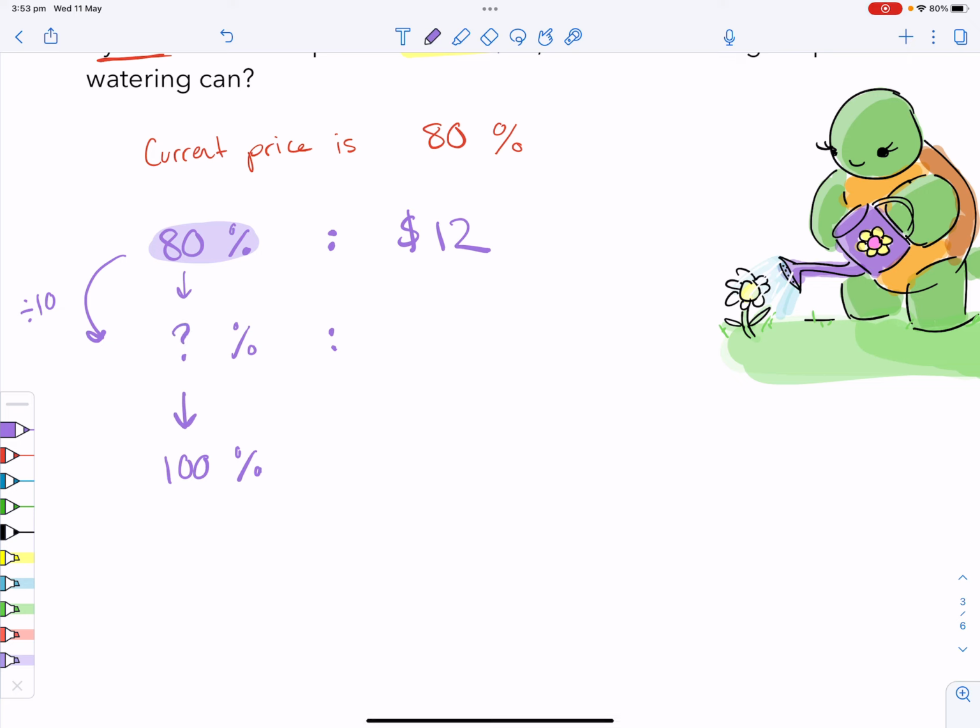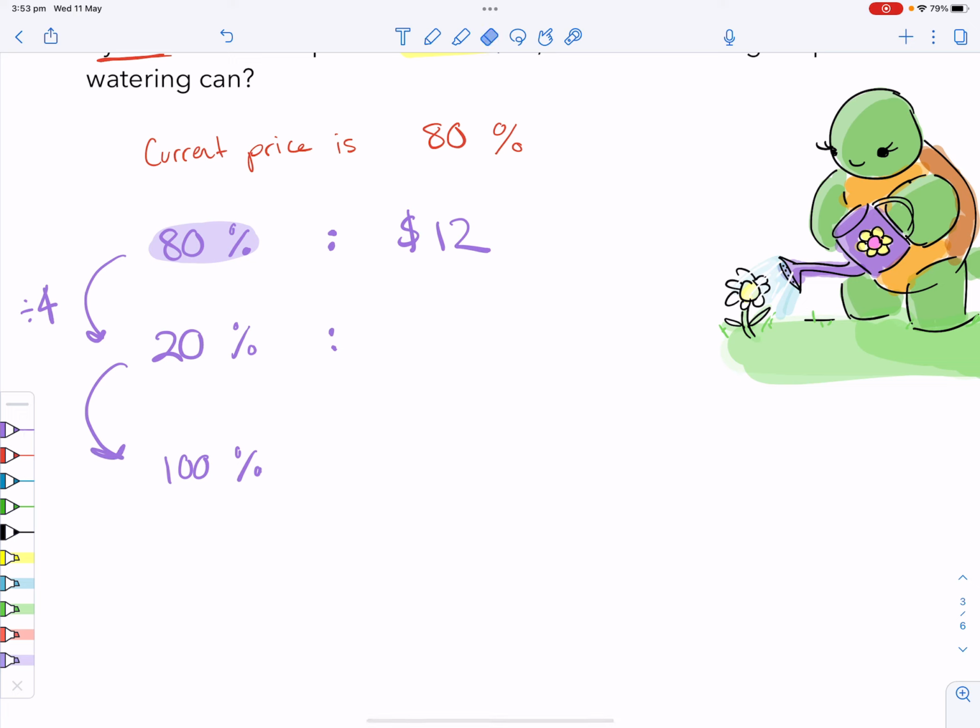So I thought, okay, let's not try to scale it down by 10. What if I divided it by 2? That would give me 40%. And again, 40% is very difficult to scale to 100, so I'll keep thinking here. So I was like, well, what if I just divided it by 4? That would give me 20%, which is easily scaled back up to 100.